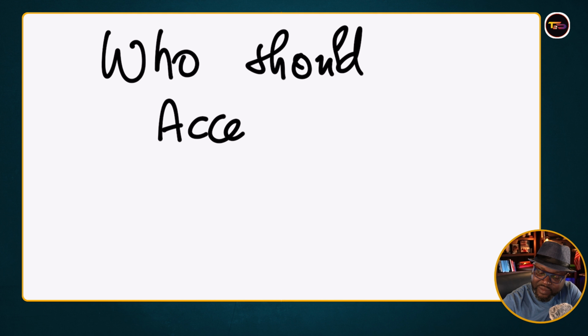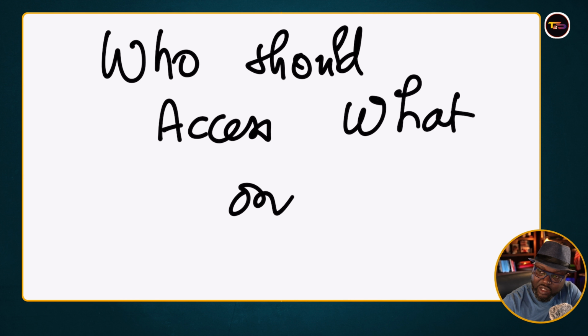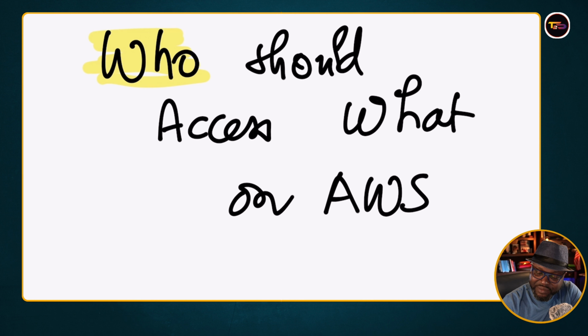Who should access what on AWS. This is pretty much what you should know about IAM and what the service is all about. Who, then you have access, and what on AWS.